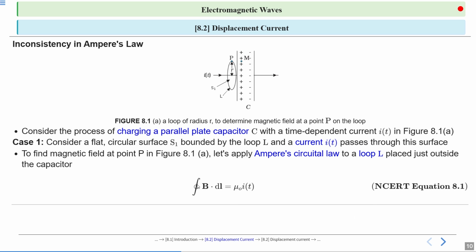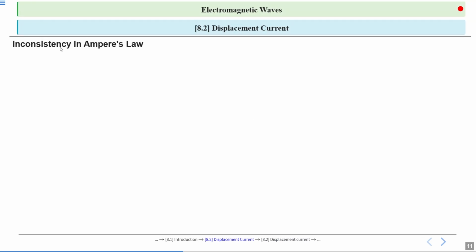The integral over the closed loop of B dot dl is equal to mu naught I(t), the current that is varying and flowing through this surface. This is NCERT equation 8.1.